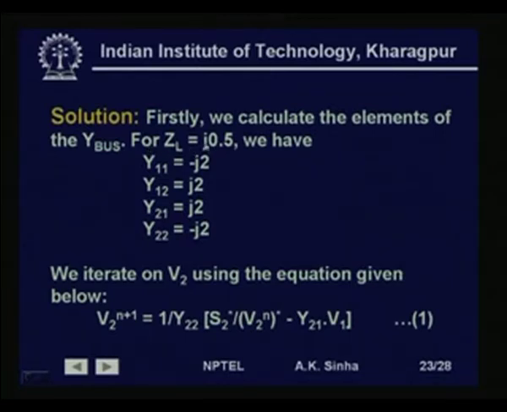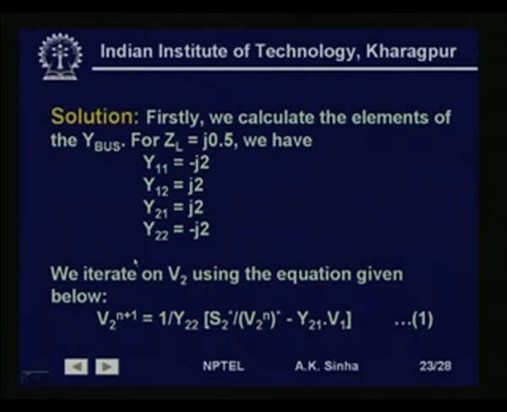For Z equal to j0.5, we have Y11 equal to 1 by j0.5, which is minus j2. Y12 will be the negative of 1 by ZL, so Y12 is equal to j2. Y21 will similarly be equal to Y12, that is j2, and Y22 will again be equal to 1 by ZL, that is minus j2.